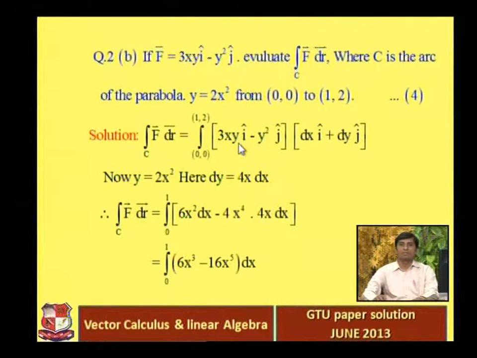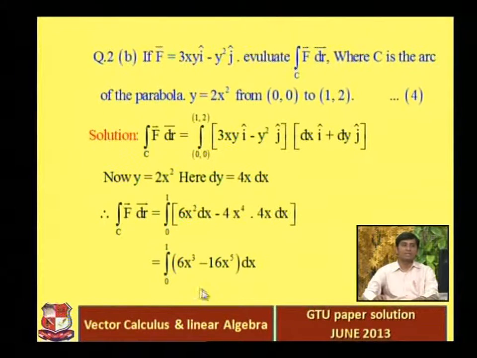Now y is equal to 2x square, so this term becomes 6x square dx. Okay, 6x square dx minus y square, that is 4x raised to 4, into dy, that is 4x dx.